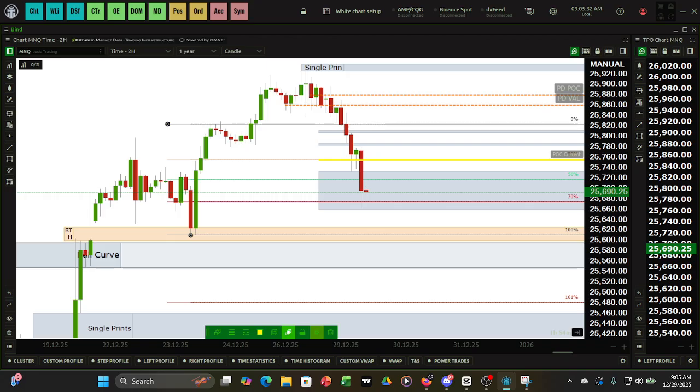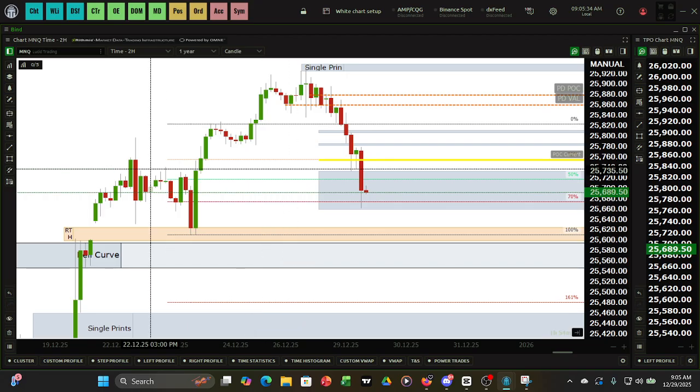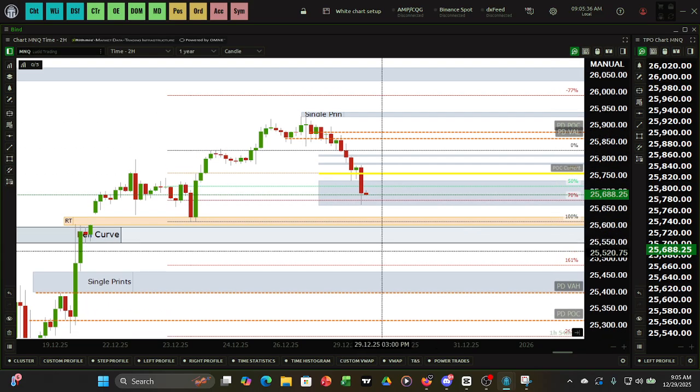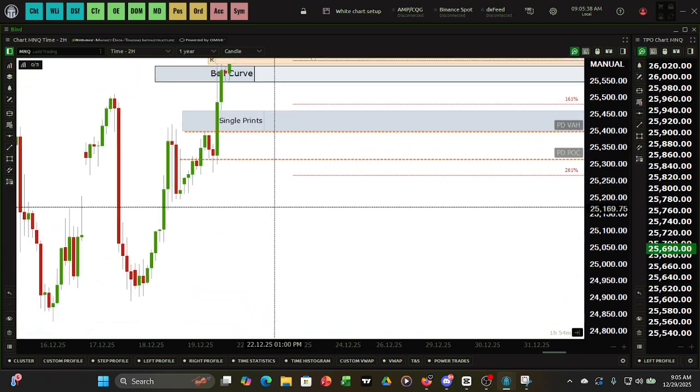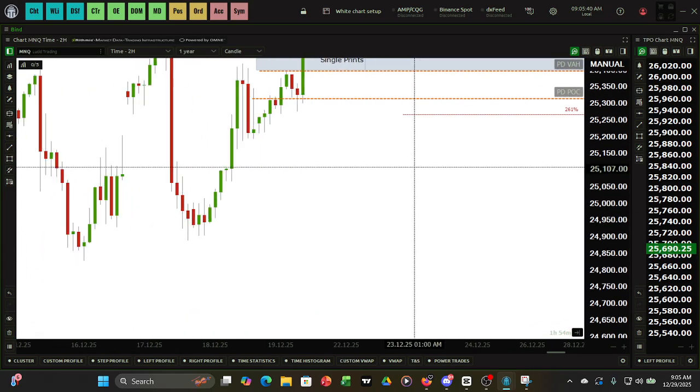a good amount of stuff to the downside as well. So that needs to be filled out, because we got all this stuff down here.